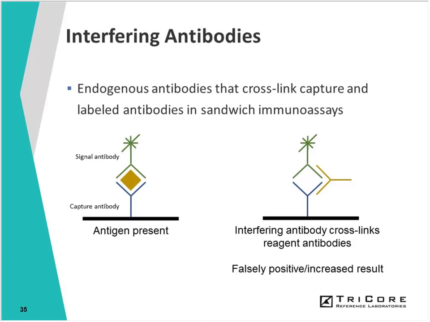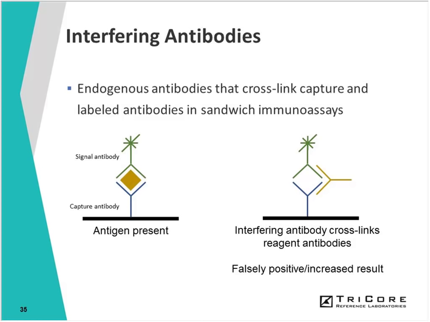Now, because many reagent antibodies are derived from mice, the interfering antibody is oftentimes a human anti-mouse antibody. And when these interfering antibodies are both present and reactive against the reagent antibodies, they can cause false positive or false negative immunoassay test results.